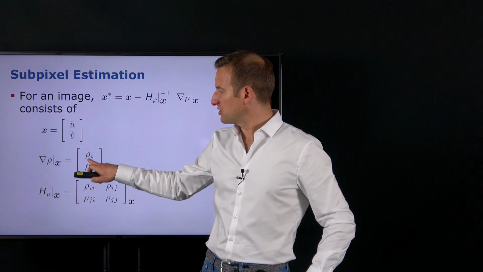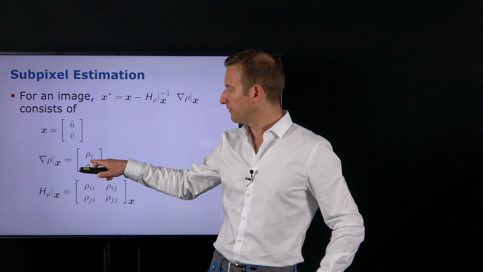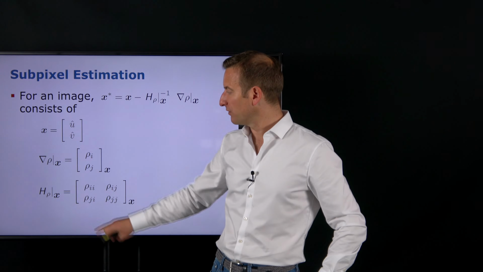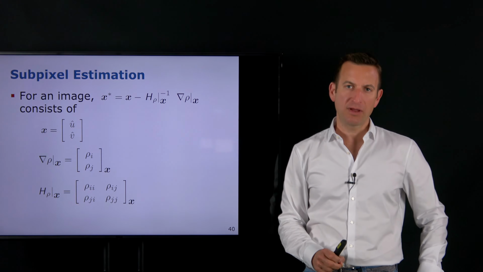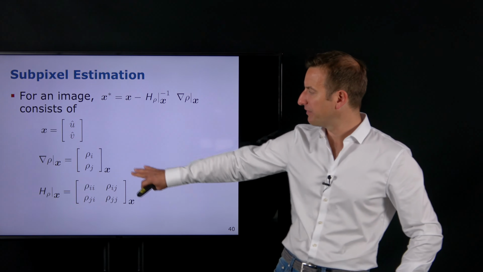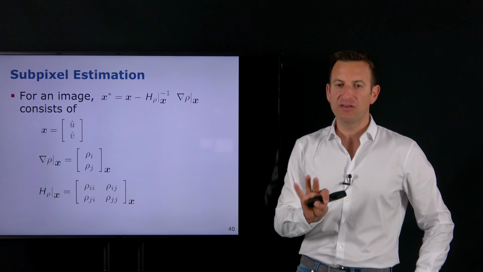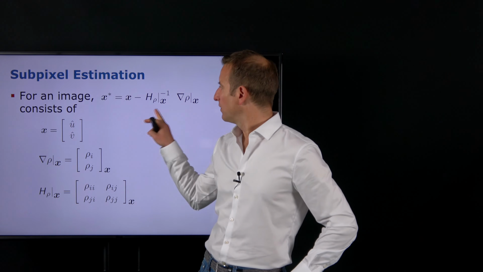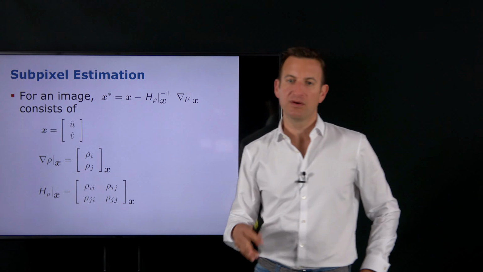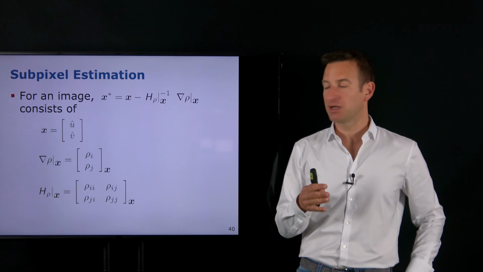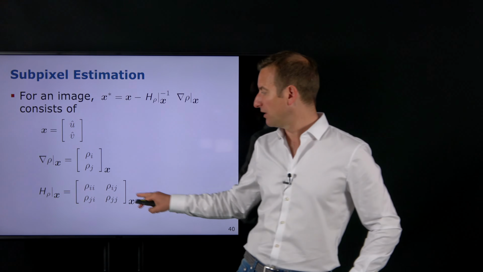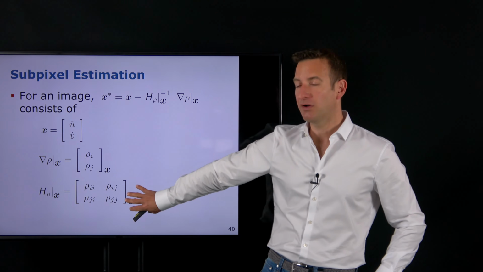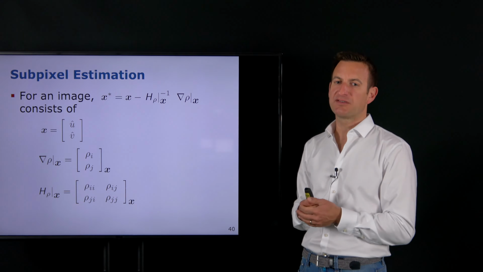This function here is actually the gradient, so the first derivative with respect to i and the first derivative with respect to j, the different parameters over here, evaluated at the location x of that two-dimensional NCC function, which I can interpret as an image by now. And this term here is the Hessian, the matrix consisting of the partial second derivatives arranged in this matrix form, computed at the location x, also of this NCC function, which I can interpret as an image.